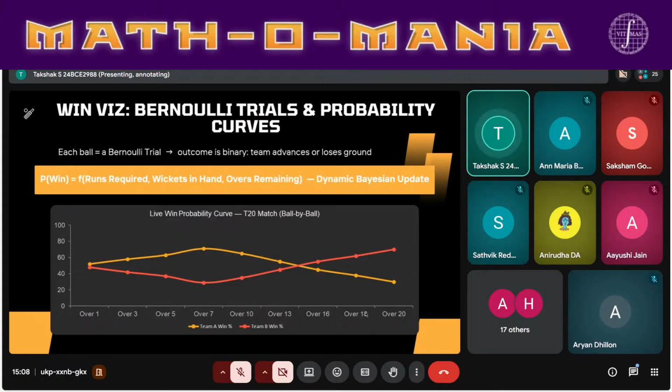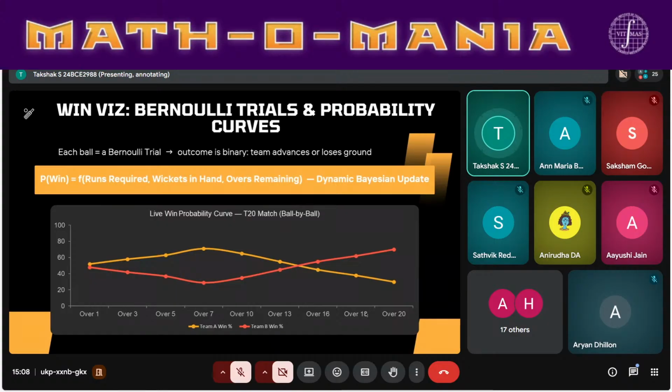Now, think about the enormous amount of historical data that has to underpin this model for it to be accurate. The win probability model has to know, for every combination of runs required, wickets in hand, and overs remaining, what percentage of historical matches with that exact game state have been won by the batting team.